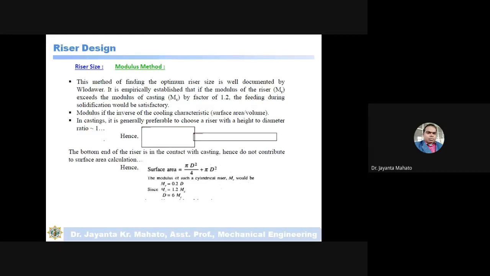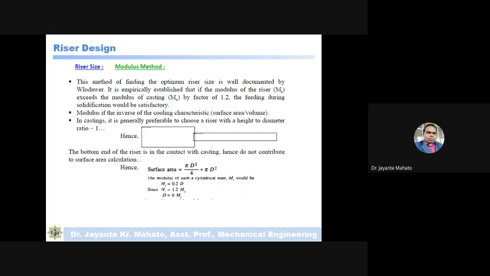In this method, first you have to calculate the surface area, using this formula, pi d square divided by 4 plus pi into d square. D is different for different shapes of the casting, and this value of D is in terms of the modulus of the casting.